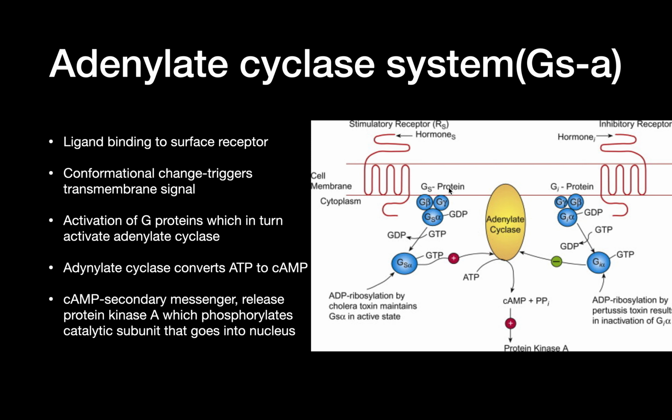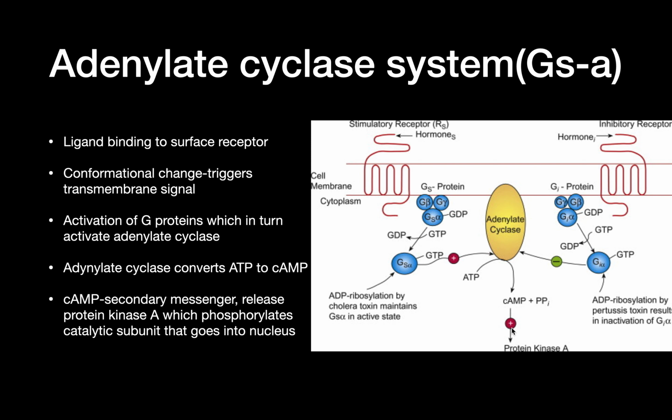The G protein in particular is the GSA, and that will use ATP and attach to the adenylate cyclase, and then the ATP will be converted into cAMP.